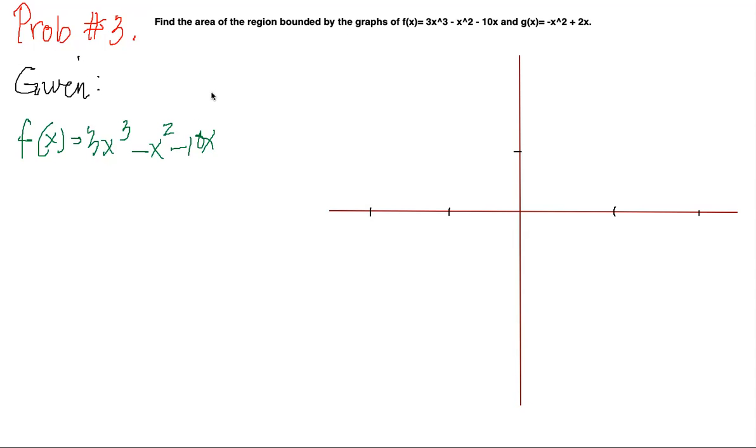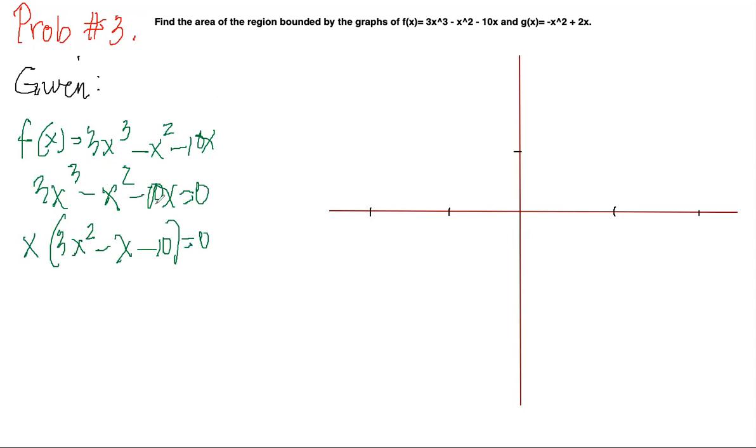So in this case, let's solve for the value of x here. We have 3x cubed minus x squared minus 10x equals 0. So let's factor out x: x times 3x squared minus x minus 10 equals 0.